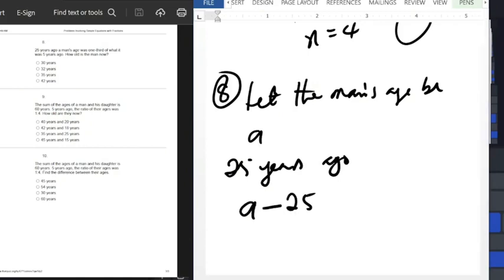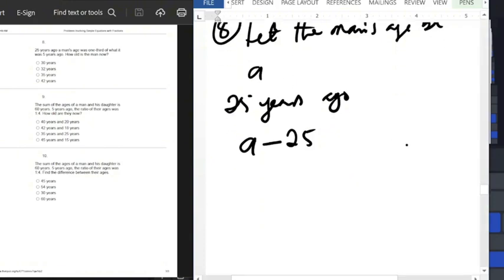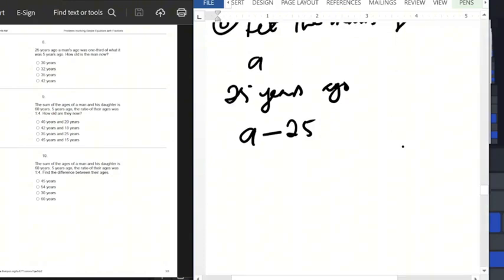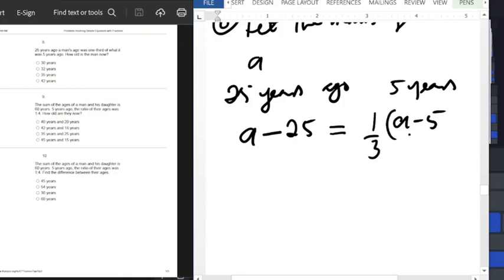So 25 years ago, the age of the man was 1/3 of what it was 5 years ago. 5 years ago the man would be A minus 5. So the age 25 years ago is equal to 1 over 3 of his age 5 years ago.